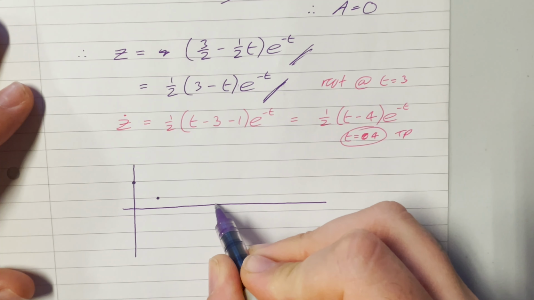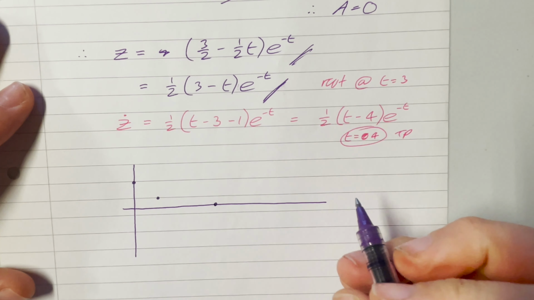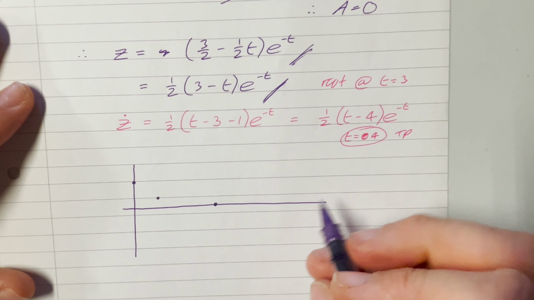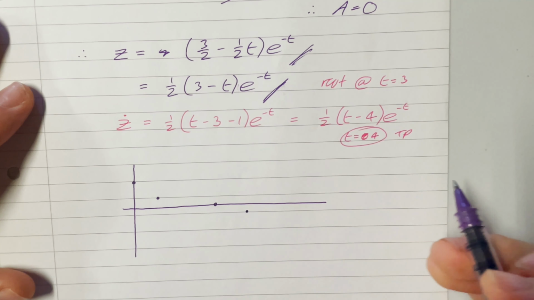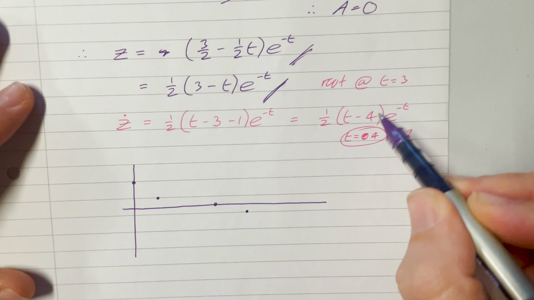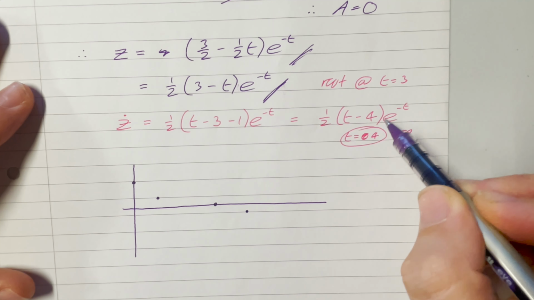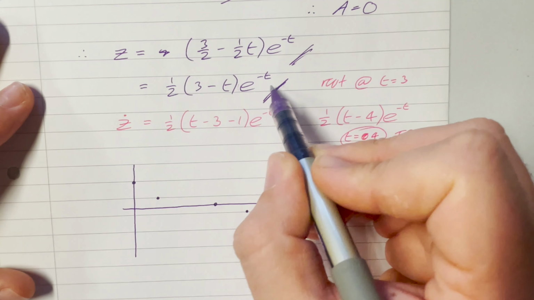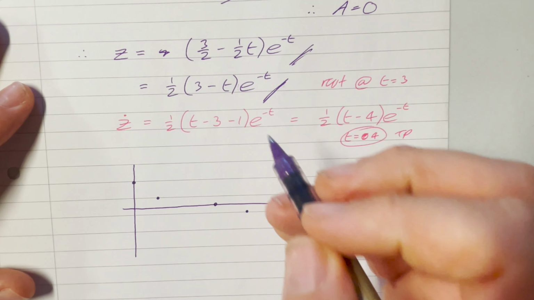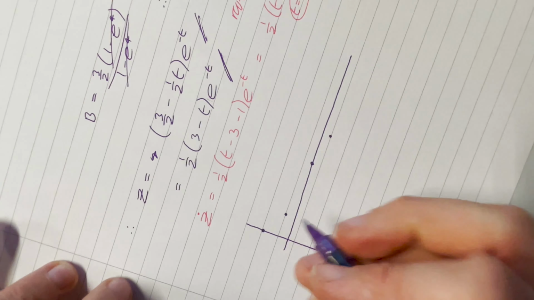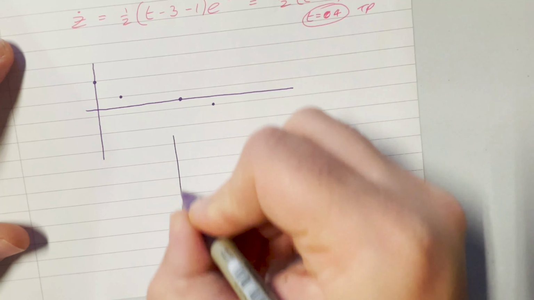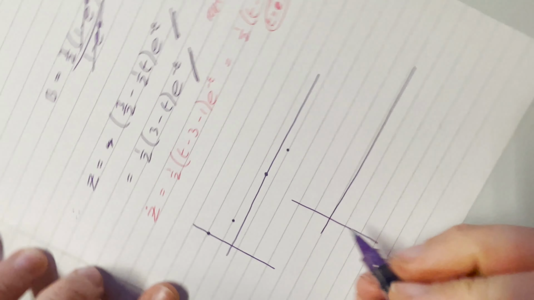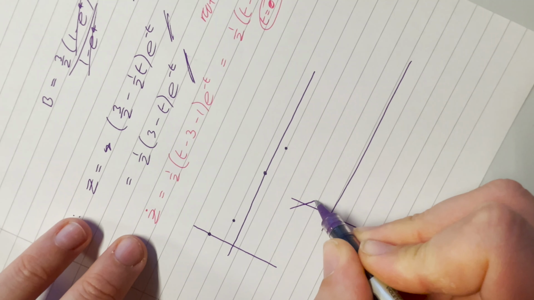So let's try and triple that distance a little bit. And then it's got a turning point at 4. So let's call that turning point there. And then also, as t tends to infinity, this whole thing is going to tend to 0, because again, this exponential is going to dominate. So the curve is going to end up looking something like, those points don't line up.